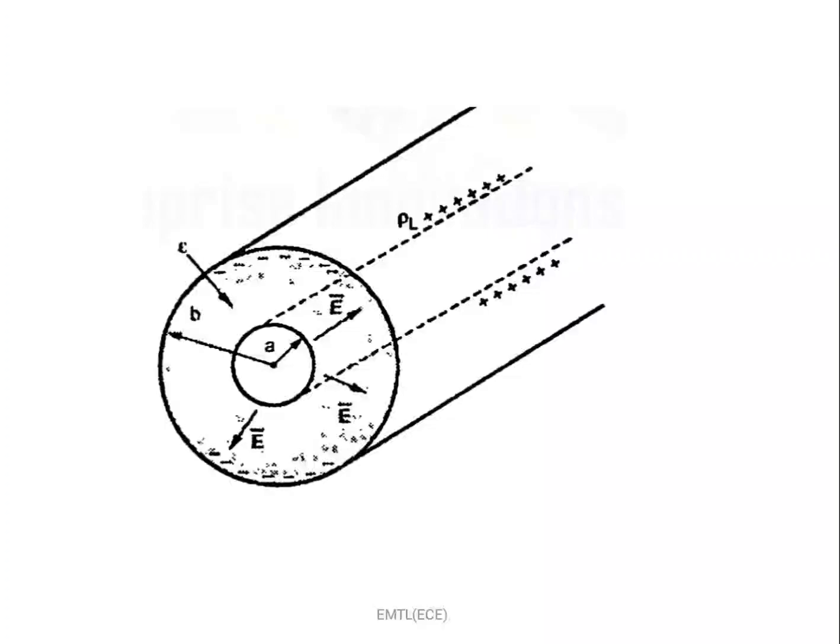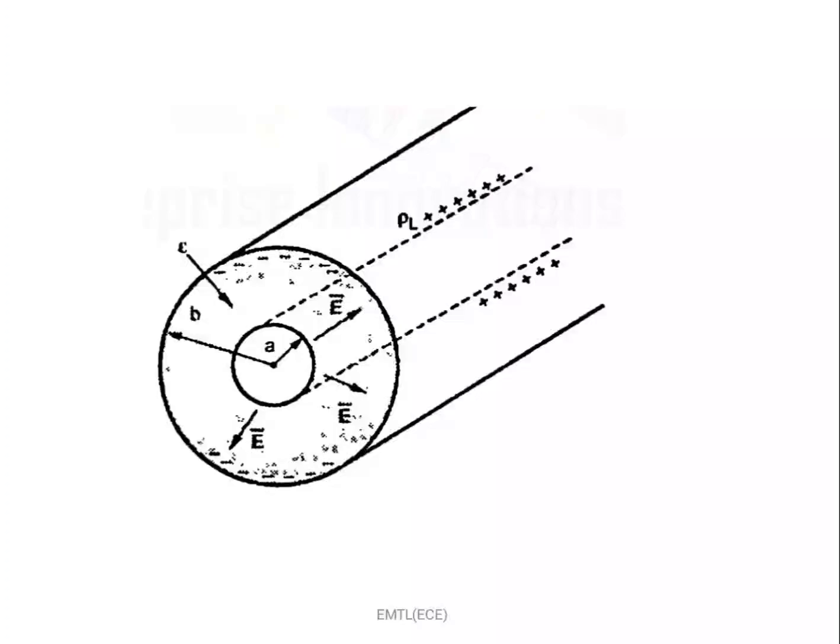That means it has two concentric circles. Here the inner circle has radius A and the outer circle has radius B. It looks like a cable.